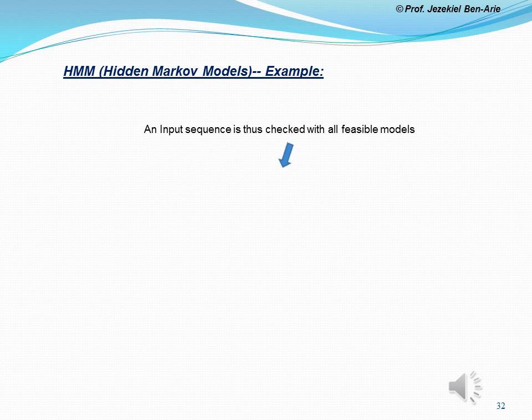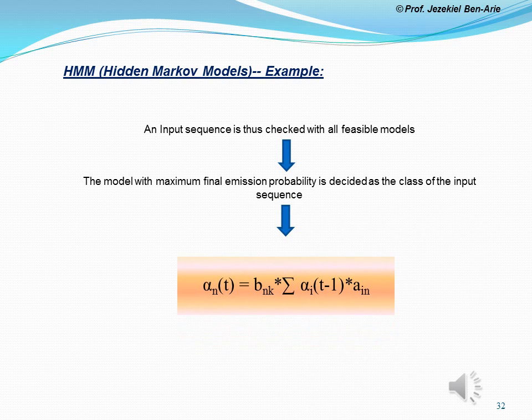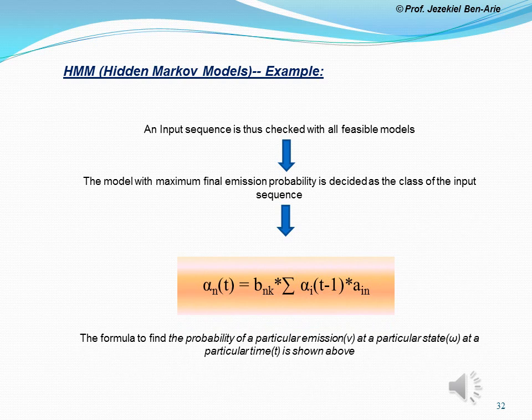Finally, the model with the maximum final emission probability is decided as the class of the input sequence. Here we are showing a recursive formula which is applied to compute the probability of a particular emission at a particular hidden state at a particular time.